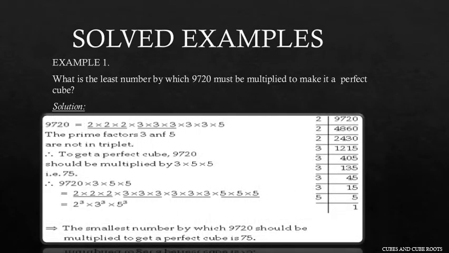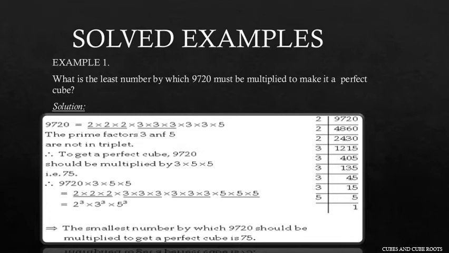First we need to get the prime factorization of 9720. As you see, when you prime factorize, 9720 is equal to 2 into 2 into 2 into 3 into 3 into 3 into 3 into 3 into 5.